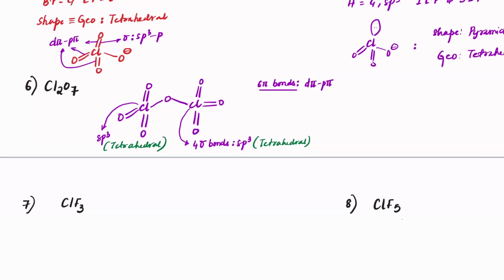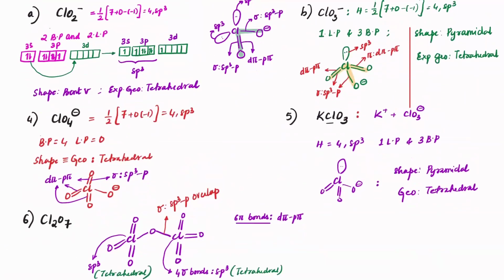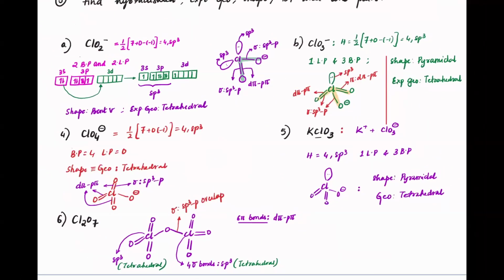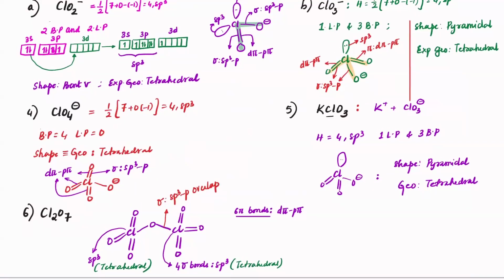Now let me write down the type of overlapping also. Any sigma bond is an overlap between sp3 and p. All good? Kapil, Manav, any doubt? No, sir, just need to write this down.